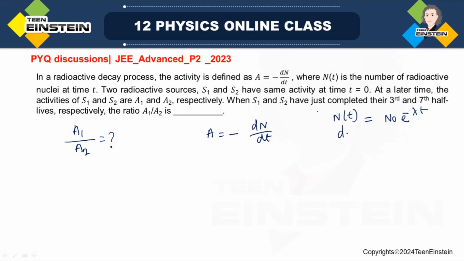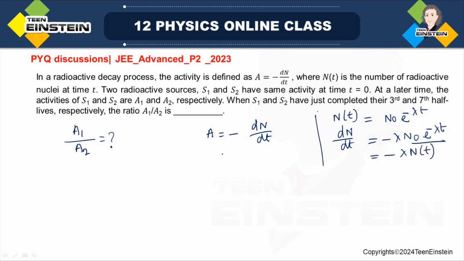If we take the time derivative of this, then we get minus lambda N0 e to the power minus lambda t, and this again can be written as N(t) itself.